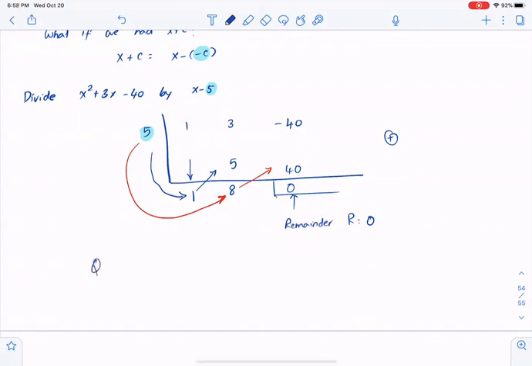The quotient, since we have x squared in the problem, we're going to start with x and then decrease the powers. An easier way to remember is look at the numerator polynomial. It is x squared. The denominator polynomial is x.